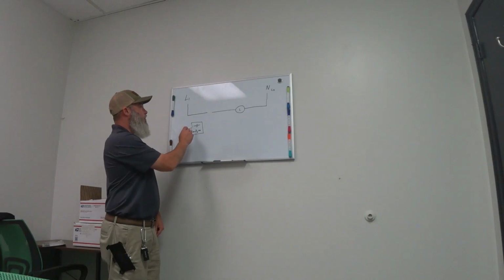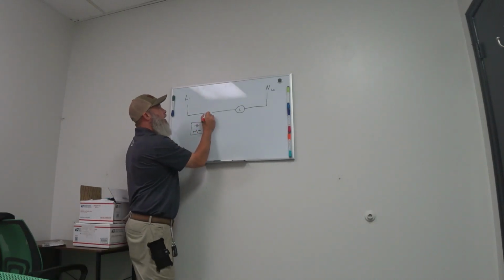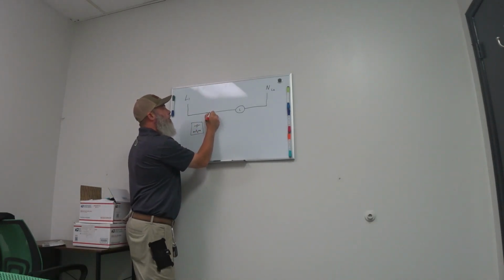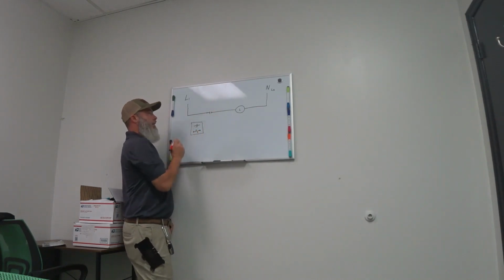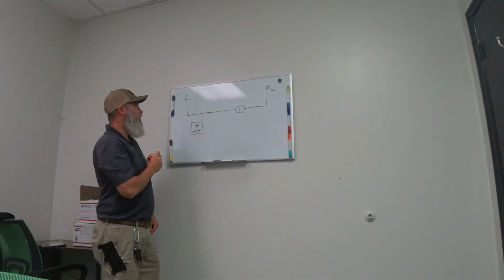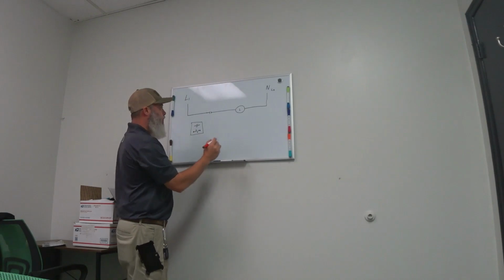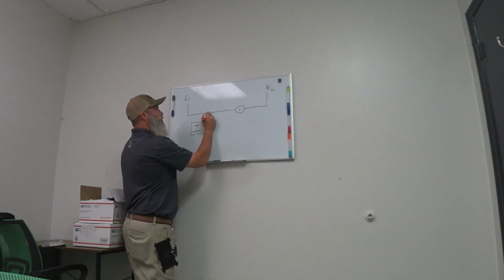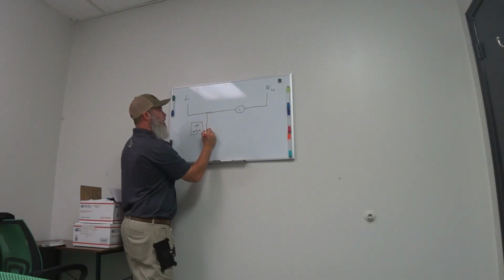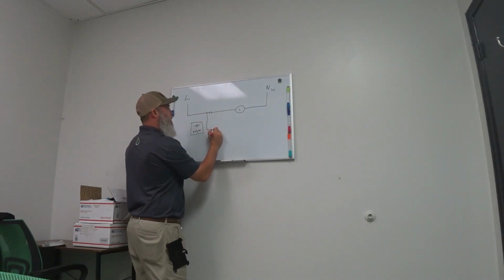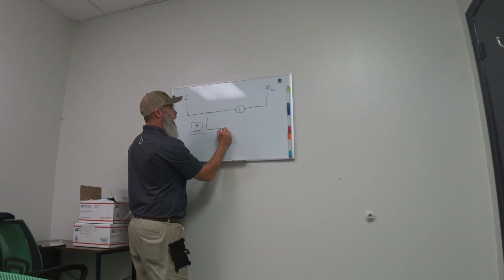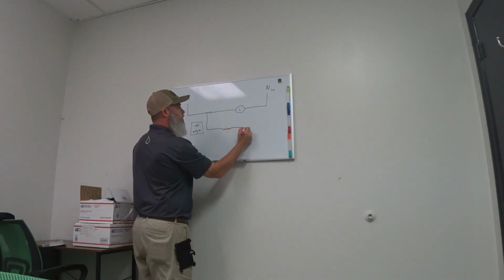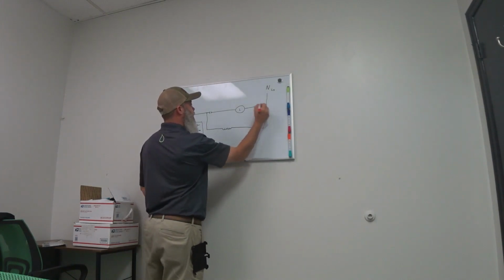So you use this right here, and let's say that's the contacts, and then we're going to need a transformer. So we'll pull it off of here, and a transformer has a coil, a big coil.